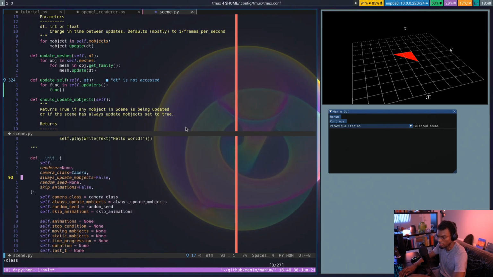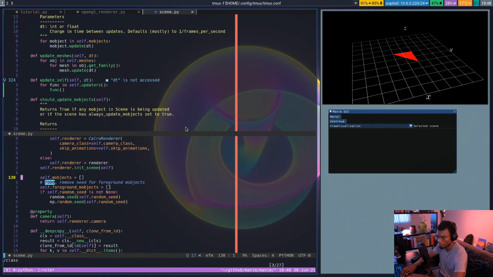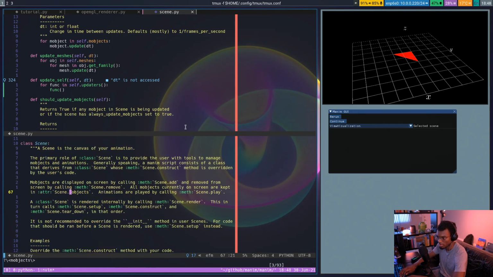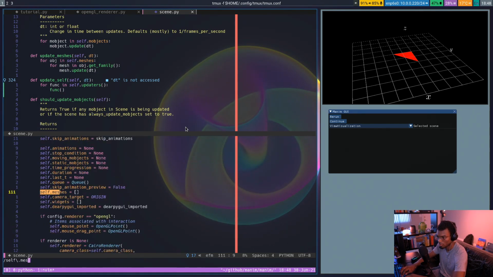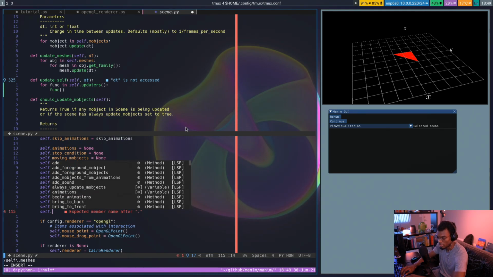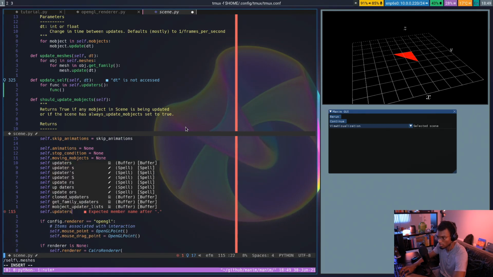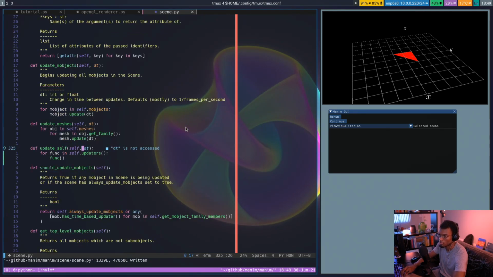Where's self.mobjects? Here, where's self.meshes? Oh, it's there. And self.widgets. I'll just put it here. So now there's a self.updaters.